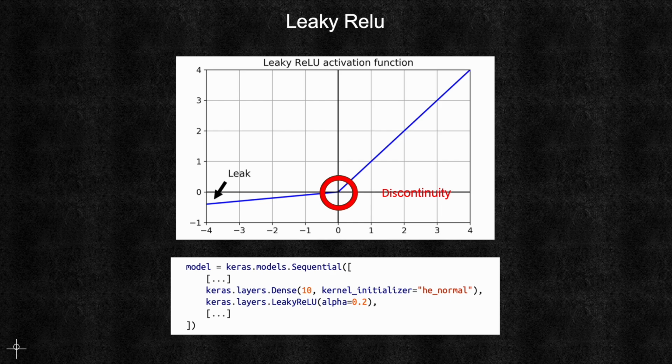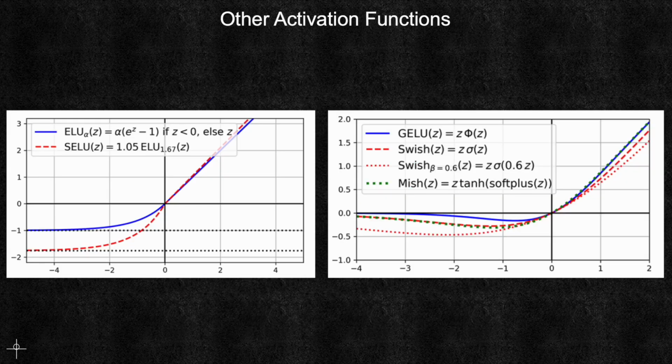Recently, researchers came up with some different activation functions to address this issue. As you can see, those functions are continuous. Keras supports most of the implementation. These functions may converge faster than ReLU, but their computation is a little bit slow because of involving exponential computations.